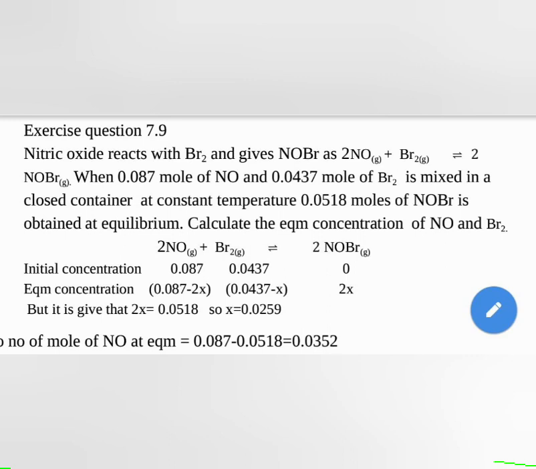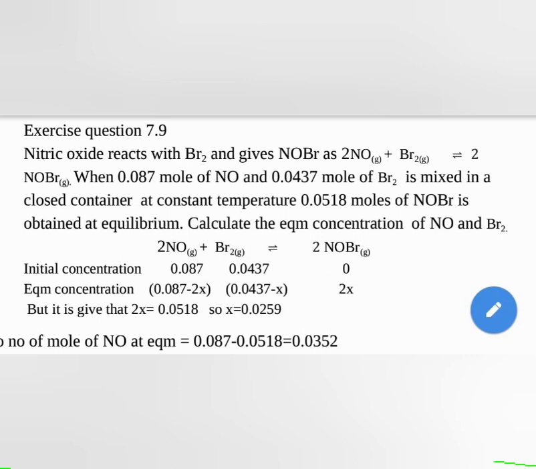Now we have exercise question 7.9, which I will read. Nitric oxide reacts with bromine and gives nitrosyl bromide, NOBr. When 0.087 mole of NO and 0.0437 mole of Br2 are mixed in a closed container at a constant temperature, 0.0518 moles of NOBr is formed at equilibrium.